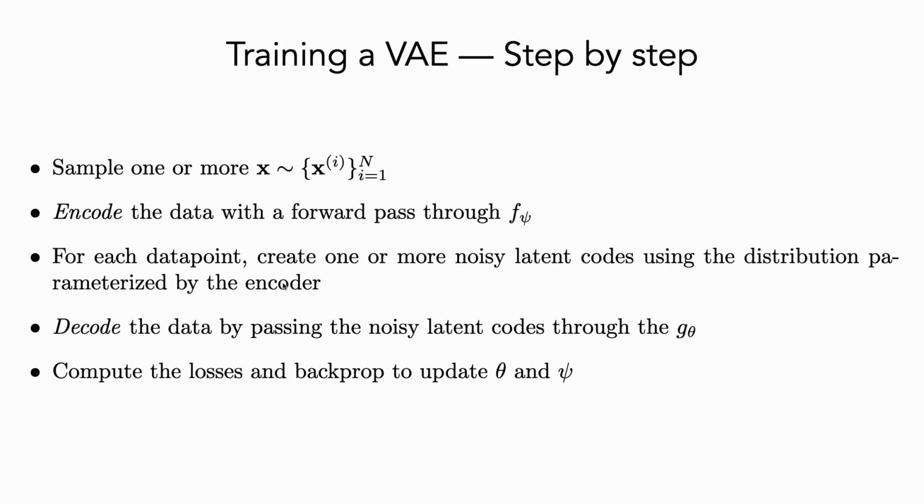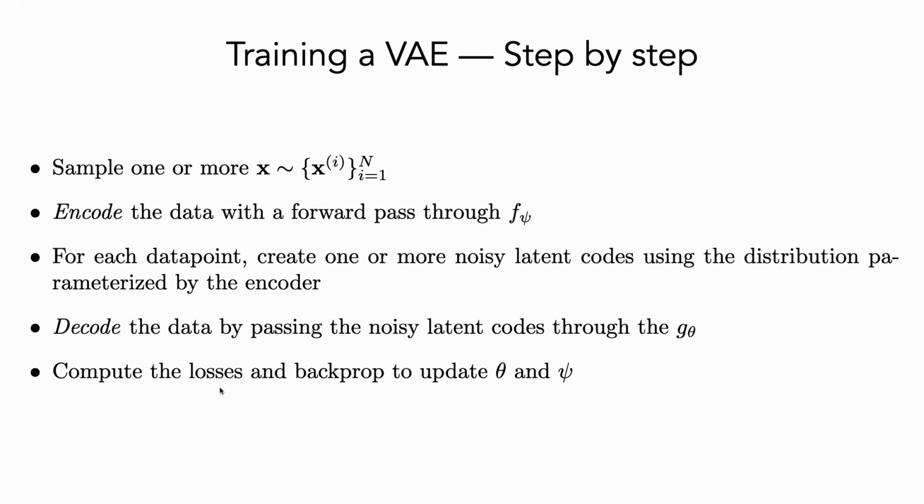For each data point that's been encoded, I'll add some noise to my encoding. OK, that's my importance sample. Then I'll decode the data by passing it through the decoder. And I'll compute the losses, which will just be the squared error and the KL term. And then that will give me a scalar loss value at the end of the day, and I'll just backprop through that computation graph.